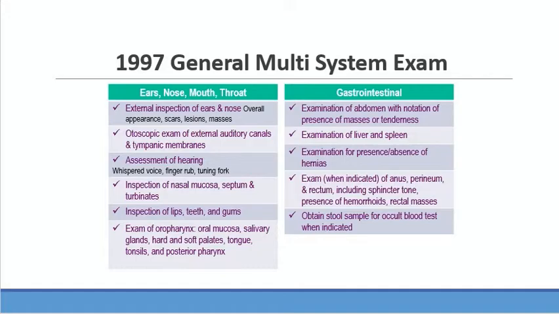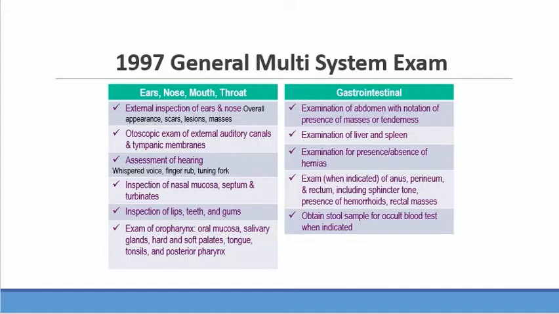Ears, nose, mouth, and throat list bullets for external inspection of ears and nose, exam of the external auditory canals and tympanic membranes, assessment of hearing, inspection of nasal mucosa, septum, and turbinates, inspection of lips, teeth, and gums, exam of the oropharynx, oral mucosa, salivary glands, hard and soft palates, tongue, tonsils, and posterior pharynx.